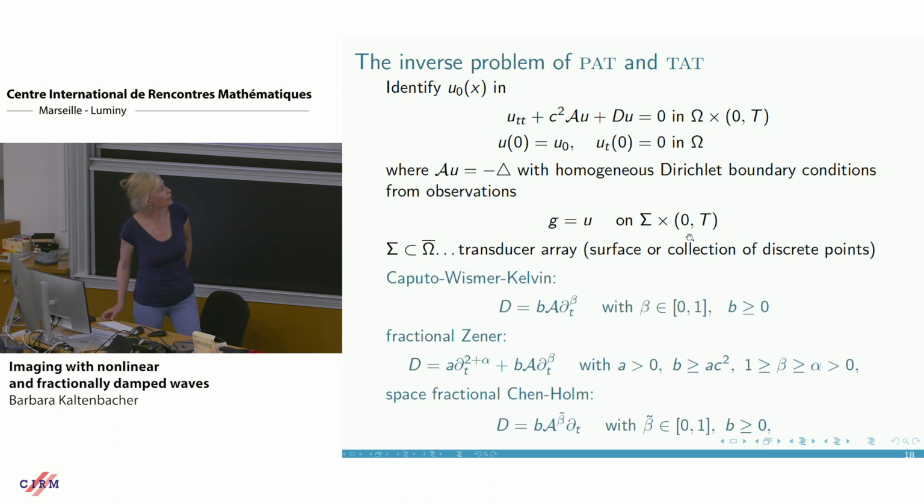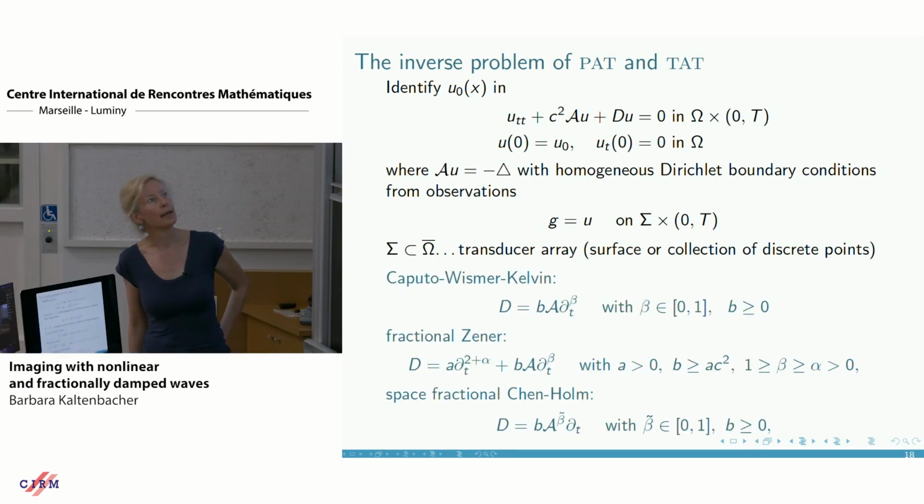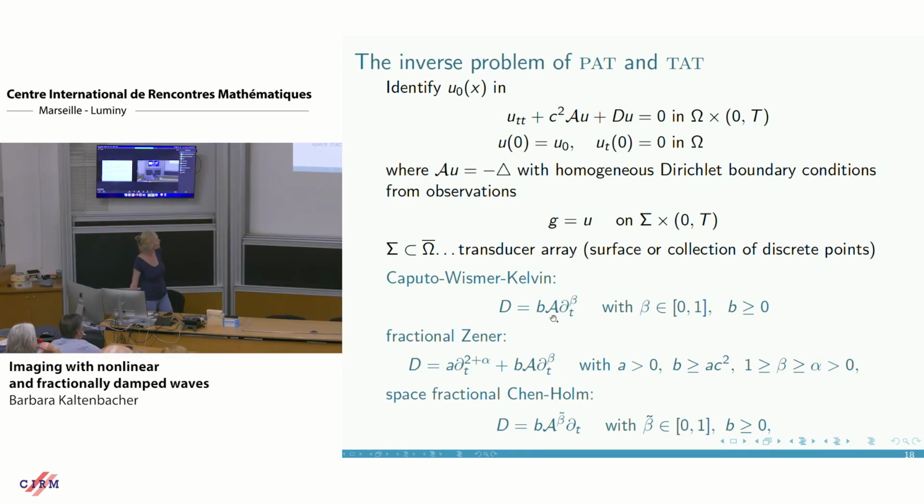Okay, to also add fractional damping, we use some of the models from before. So the classical ones, more or less, are these Caputo-Wismar-Kelvin damping, where you have a fractional order combined with the Laplace operator. The Zener model that we have seen before leads to this damping model, so a combined 2 plus alpha order with respect to time, or beta order with respect to time combined with the Laplacian.